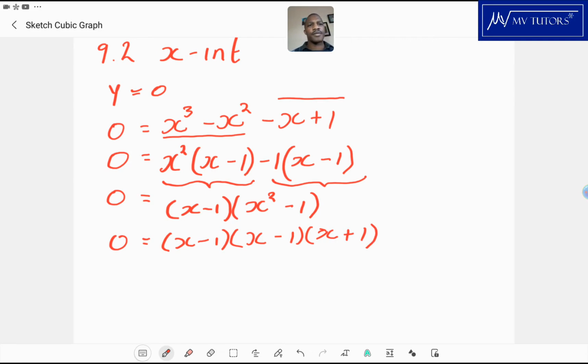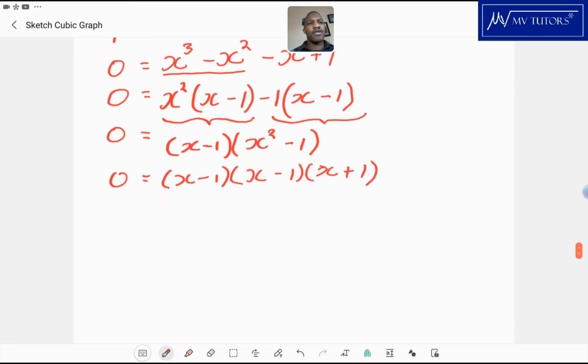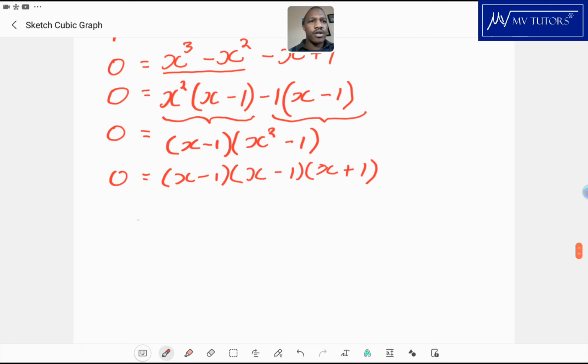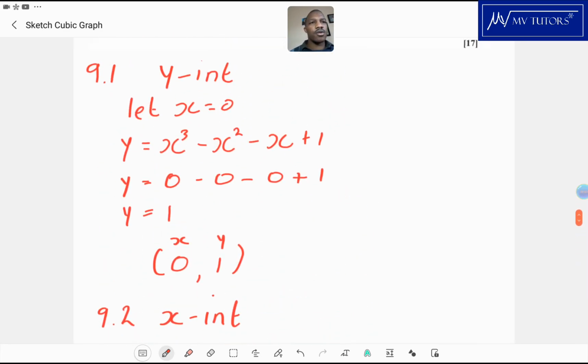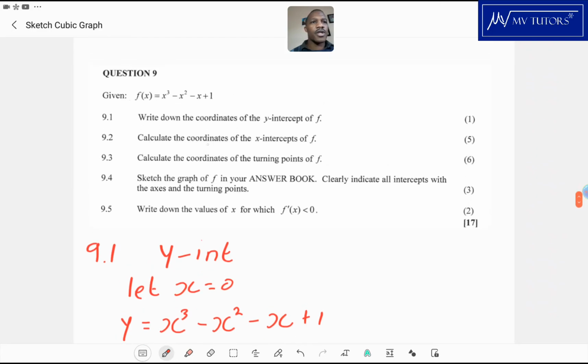See that? Now, for the values of x, that means we're going to have x equals a positive 1, and x is going to be equal to a negative 1. Now, we're not done, because the question actually wanted the coordinates.